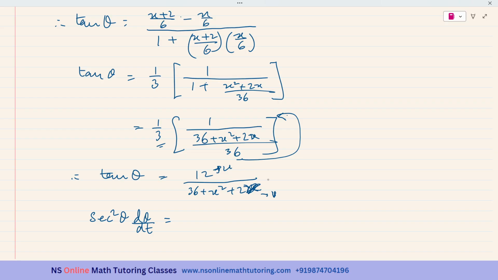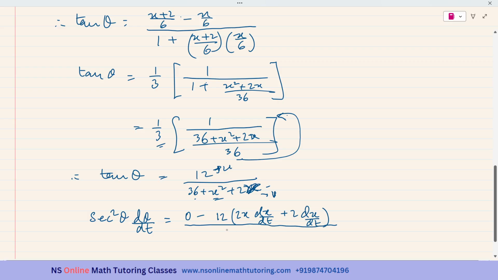First is u prime v, u prime will be 0. So the first term is 0 minus u v prime. So I'm writing the u, and the derivative of this one. This will be 0, this is 2x dx dt, and this one is plus 2 dx dt. Okay. Over 36 plus x square plus 2x whole square.